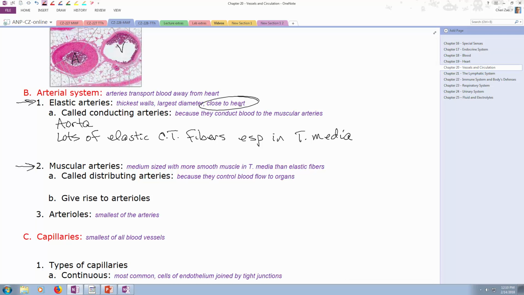Elastic CT is in tissue because we like what it does for us. It allows for tissues to be stretched, but beyond stretched, more importantly, it allows them to recoil or come back. So it's the recoil feature that is actually very important, which also gives us that conducting ability.